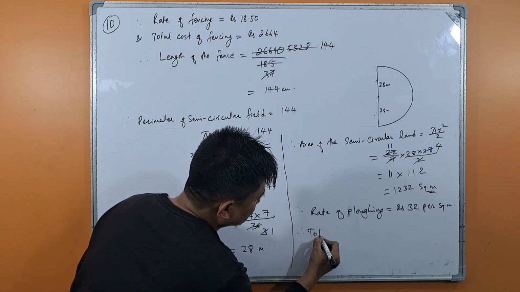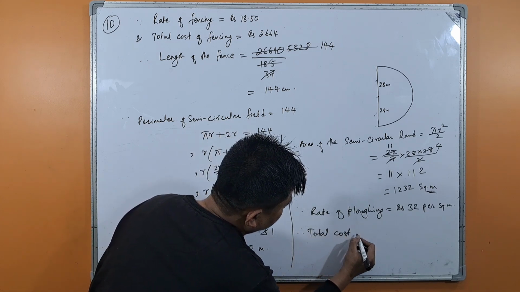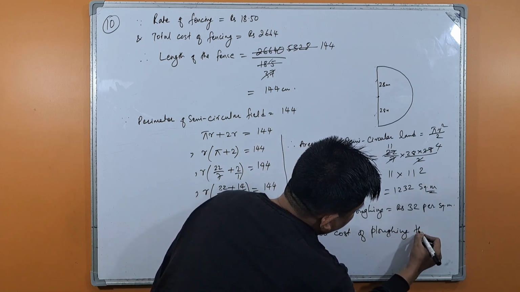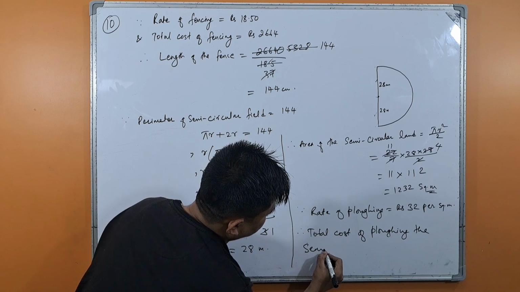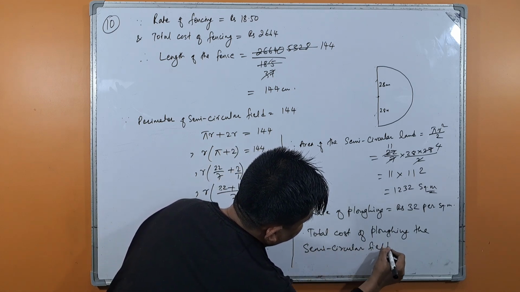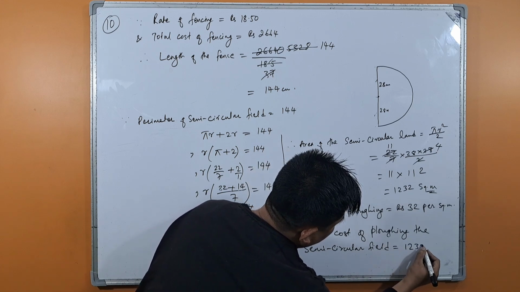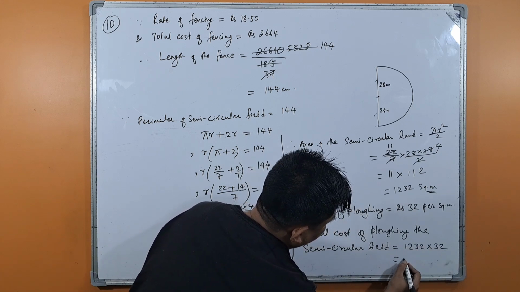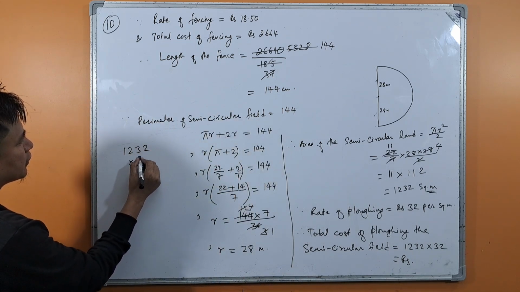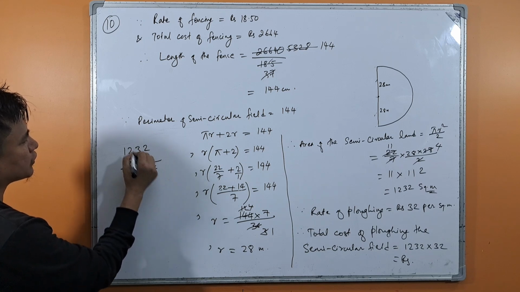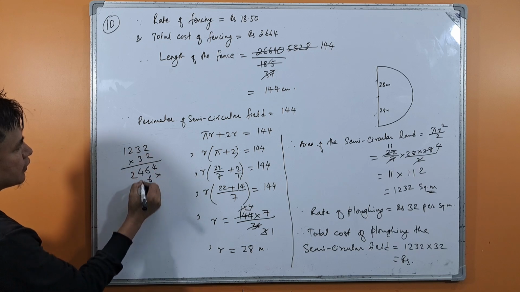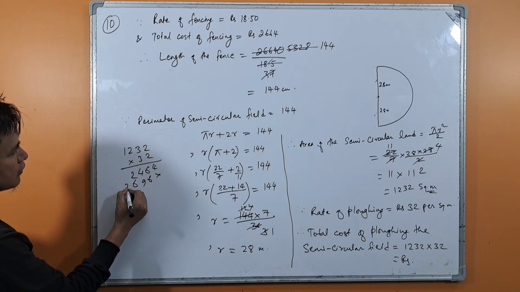Therefore the total cost of plowing the semicircular field equal to 1232 into 32 rupees. 1232 into 32: 2 2s are 4, 2 3s are 6, 2 2s are 4, 2 1s are 2, 3 2s are 6, 3 3s are 9, 3 2s are 6, 3 1s are 3.